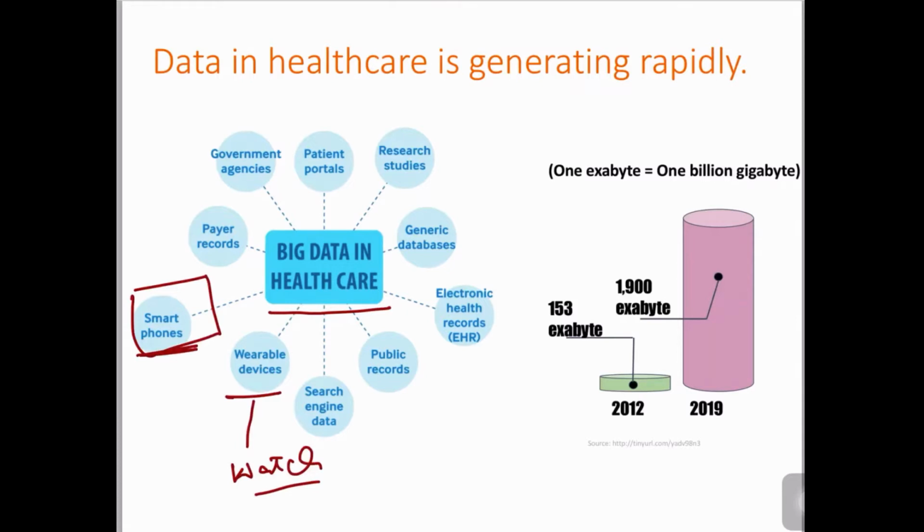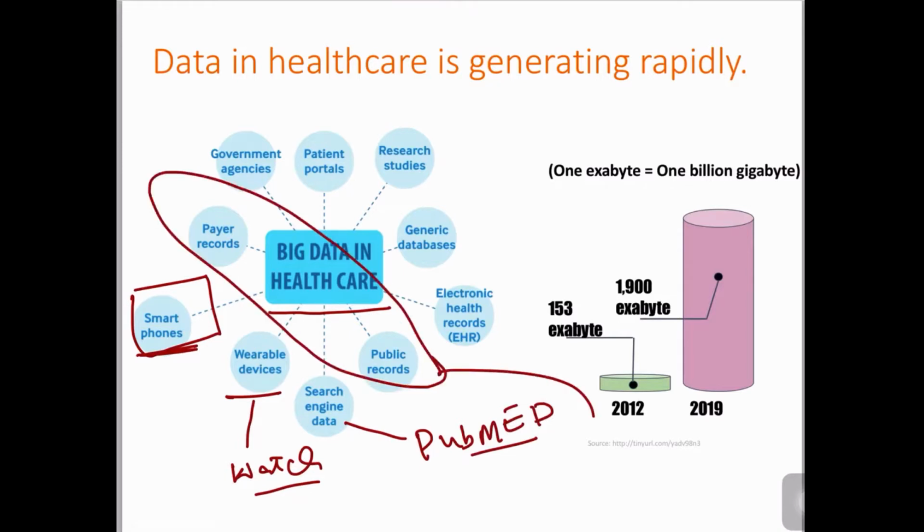We have different search engines, from Google to PubMed, that contain medical information. Then we have data in public and private records: data about your health insurance, your medicines, and your diagnoses.